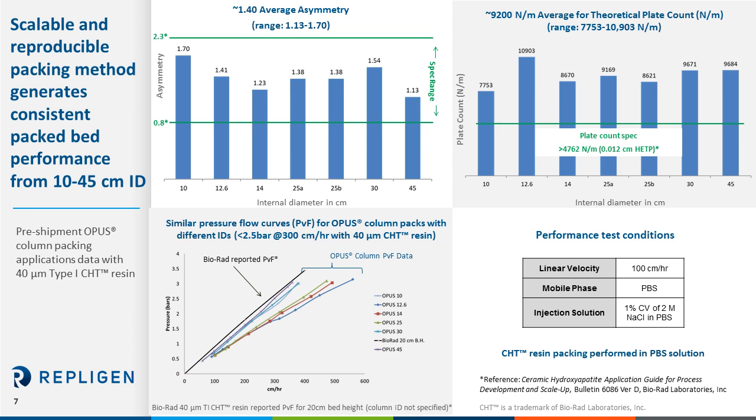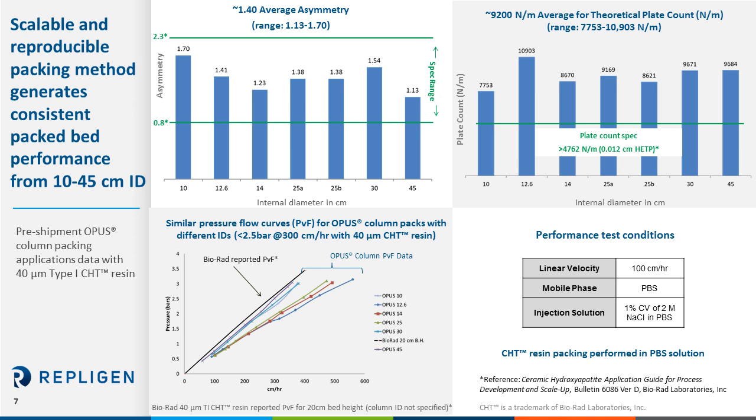And you see that the data conforms within the standard spec range that is typically used for CHT columns. I should note this is all for CHT 40 micron type 1 resin, and all these columns were packed with that particular resin. So there are some differences, some variants, but this represents a normal range of results that we're seeing with this new packing method.